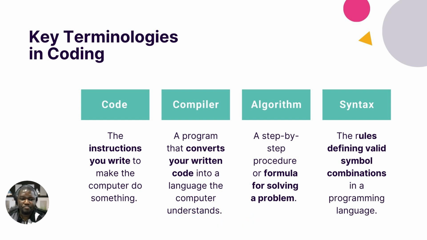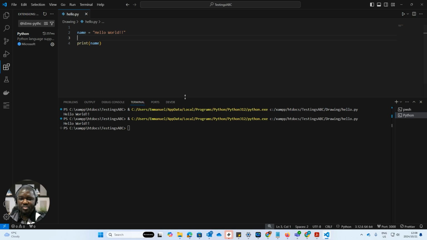That's an algorithm. Syntax. These are rules defining valid symbol combinations in a programming language. So we talk about symbols. Let's say, for example, here, let me put this down.